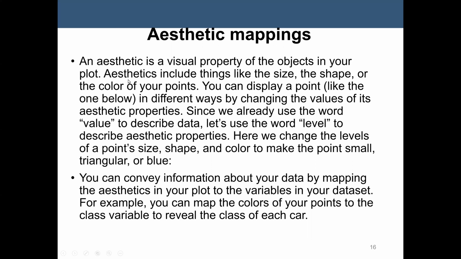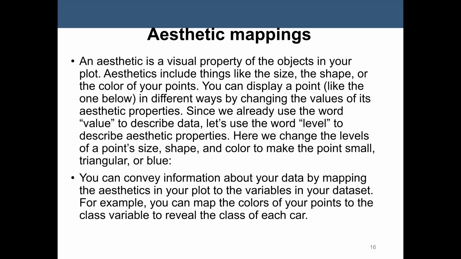And that's, again, a visual property of the object. It can be the color also. Aesthetics include things like the size, the shape, or the color of your points, as we mentioned earlier. And you can display a point like the one below in different ways, and that's in our next slide, by changing the values of its aesthetic properties.